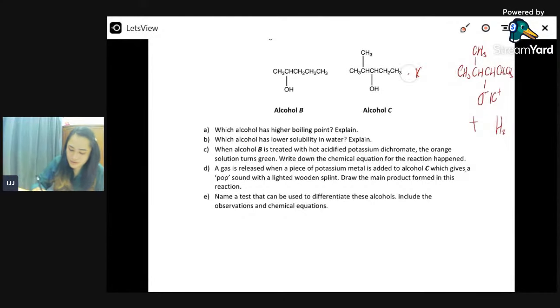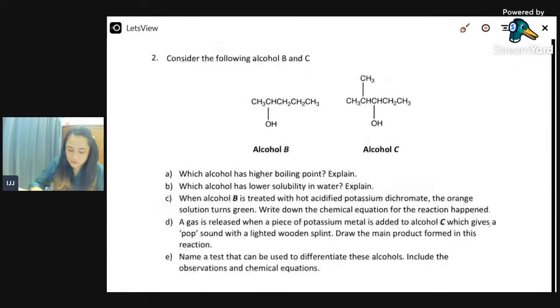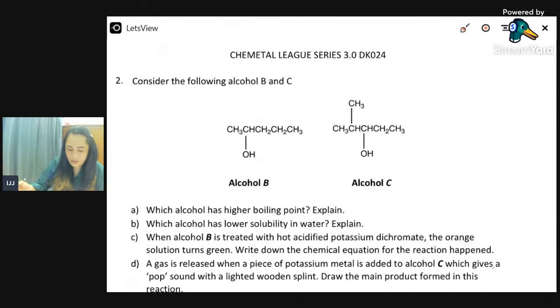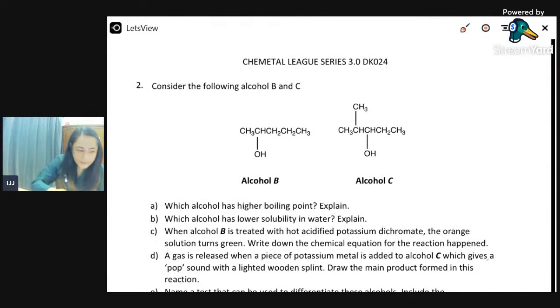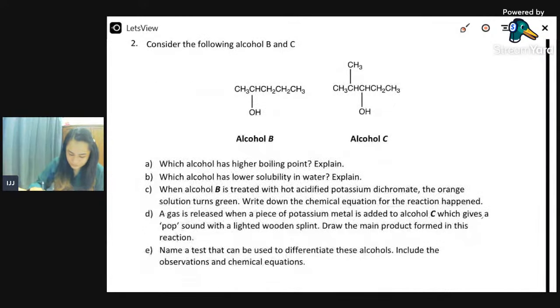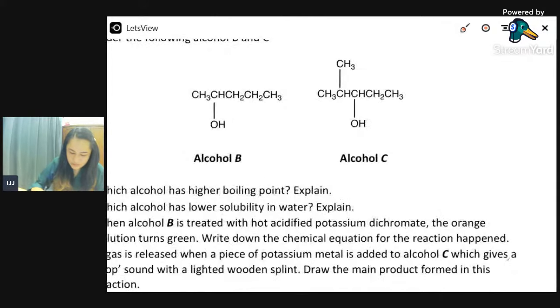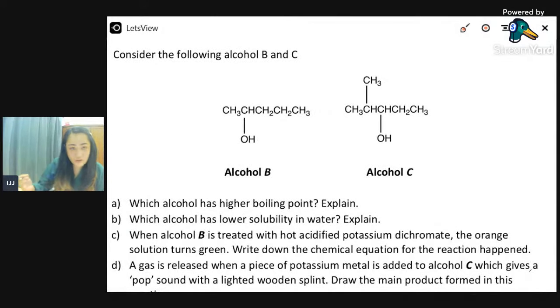Now let us look at how to differentiate these alcohols. So you have alcohol B and alcohol C. How do we differentiate them? Okay, do you understand, or is there a problem? Again, when you want to differentiate, you must identify the type of alcohol.